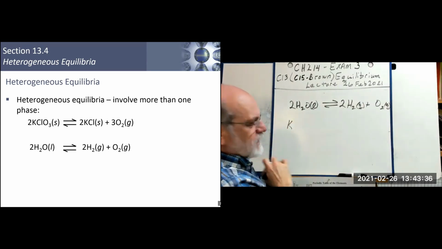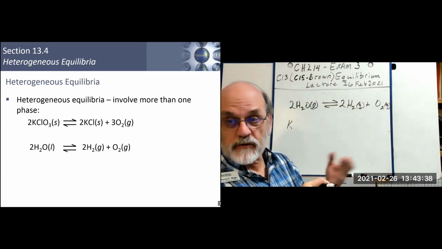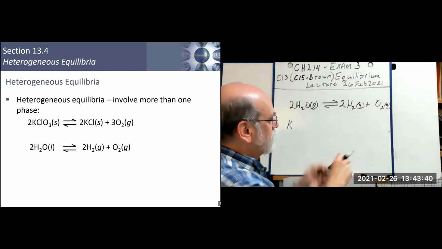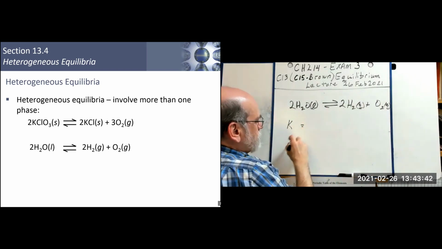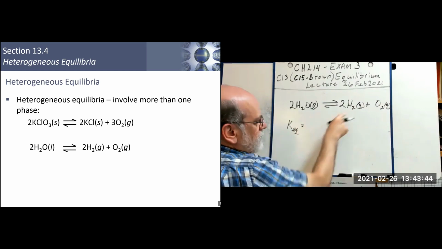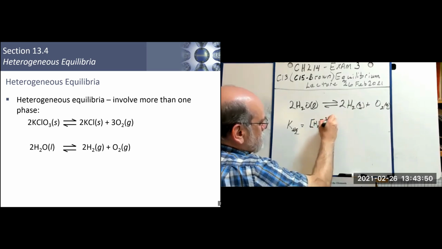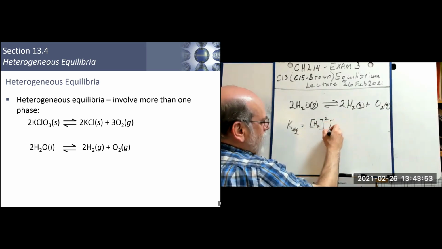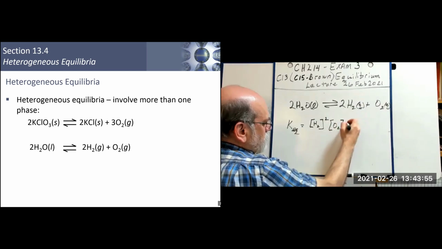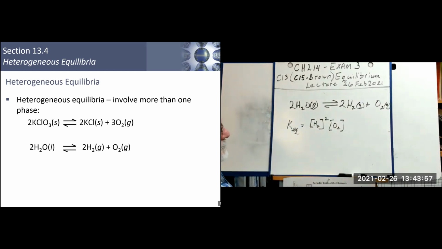That K, let's say for simplicity's sake, first we're going to use concentration. So the concentration of hydrogen to the second power times oxygen to the first power. And water's not there.